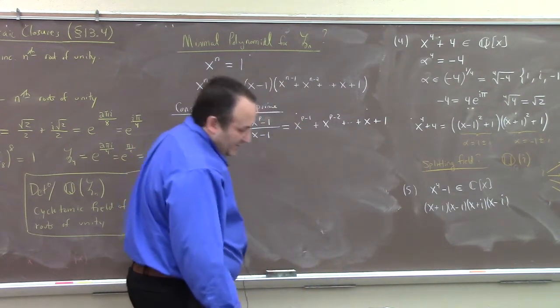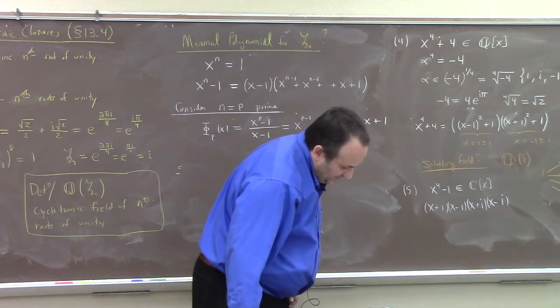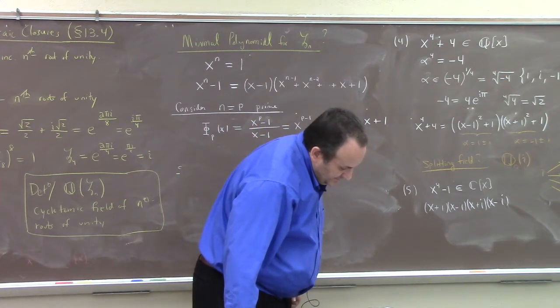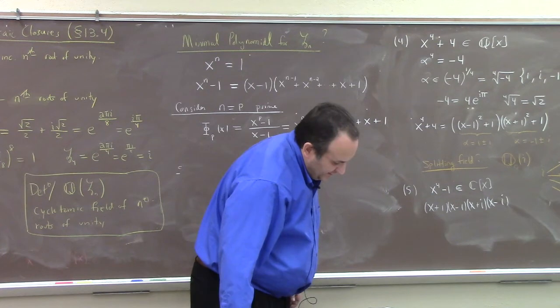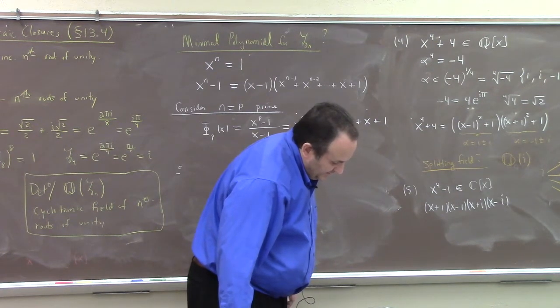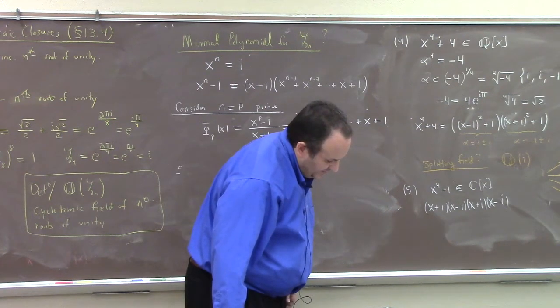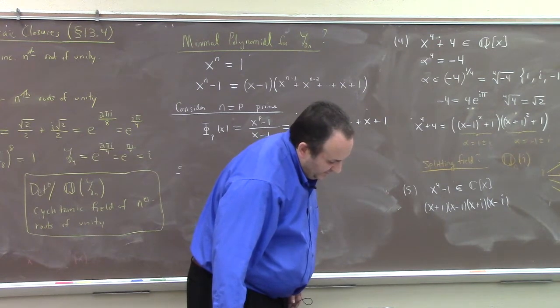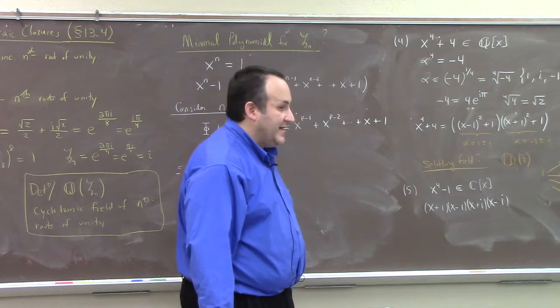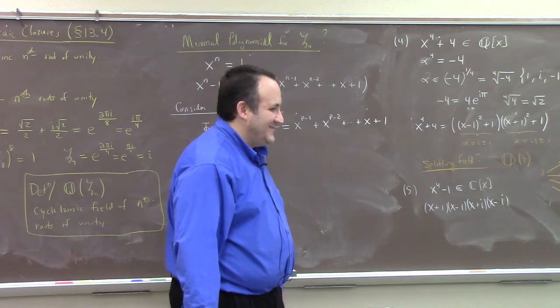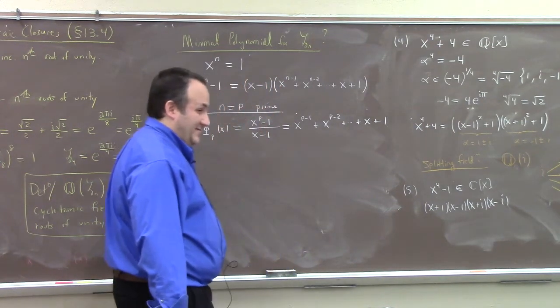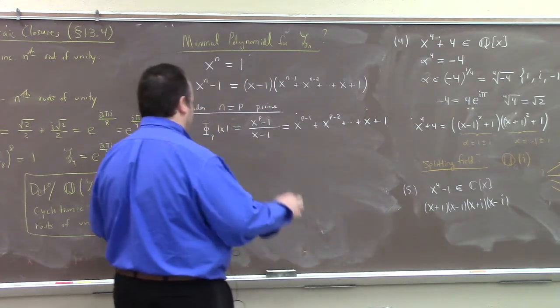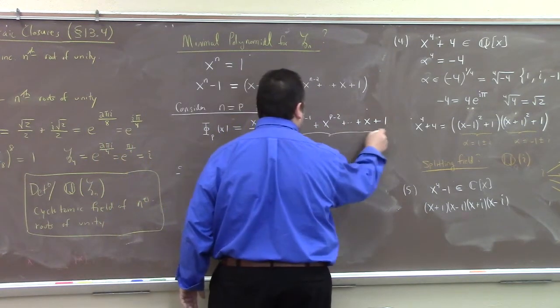So this is the so-called, what is this called? I think it's called the cyclotomic polynomial in the number theory book. And we have shown, actually, that it was irreducible last semester. Yes, we did, for prime p. So, irreducible, what does that mean?